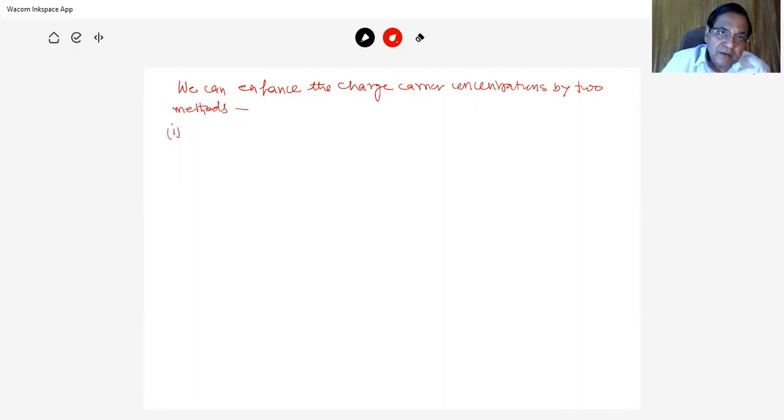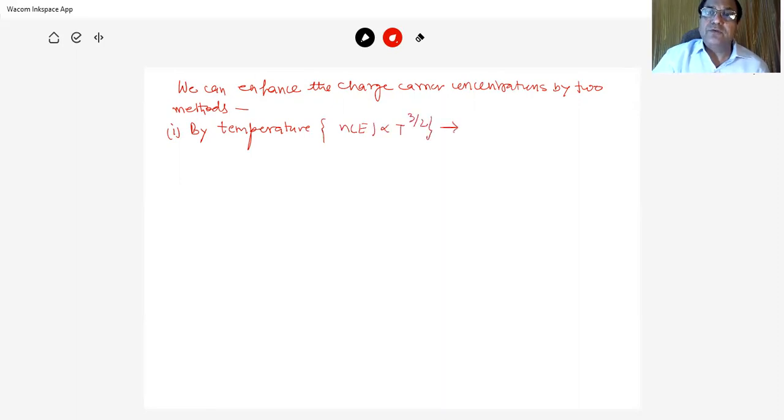First, by temperature. And this is N of E proportional to T to the power 3 by 2, and this is known as an intrinsic semiconductor.